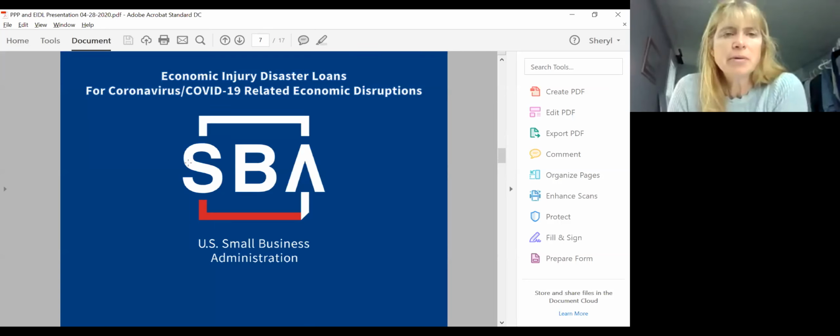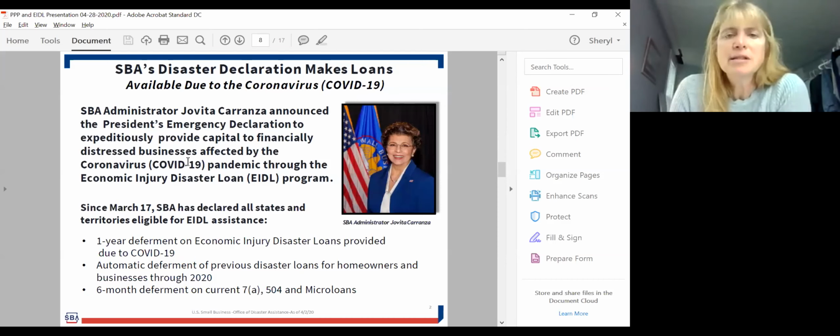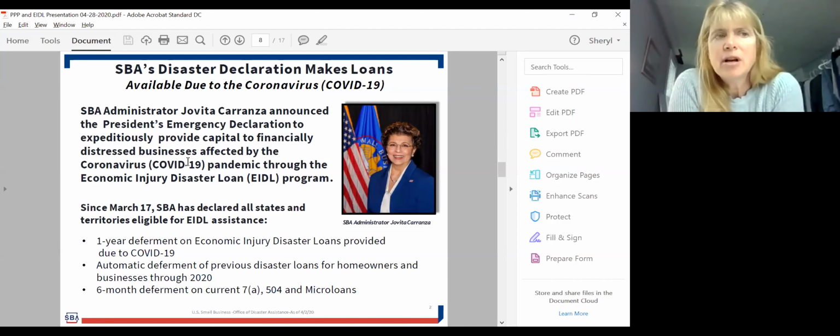On to the economic injury disaster loans. Currently, the website is down, and I checked it again. It's not anticipated to come up in the short term. What's happening right now is the SBA is going through applications, and they are allocating money, and then an individual has 30 days to accept that loan or not.